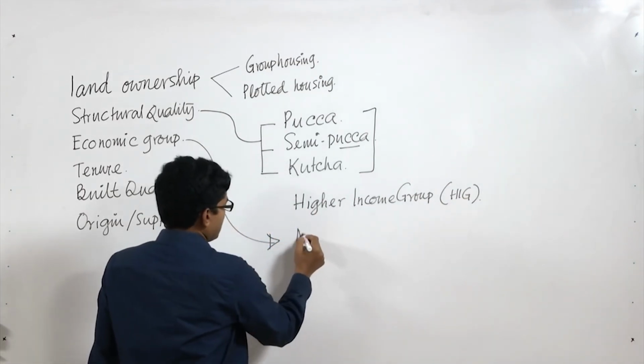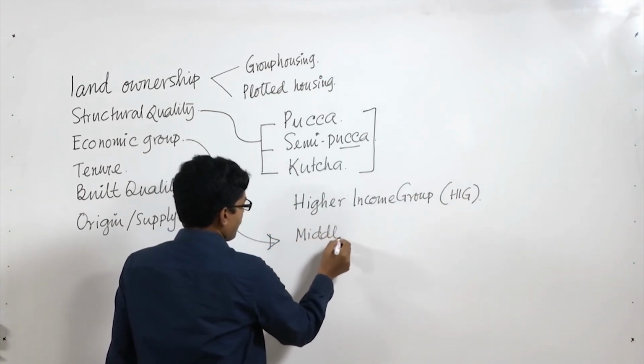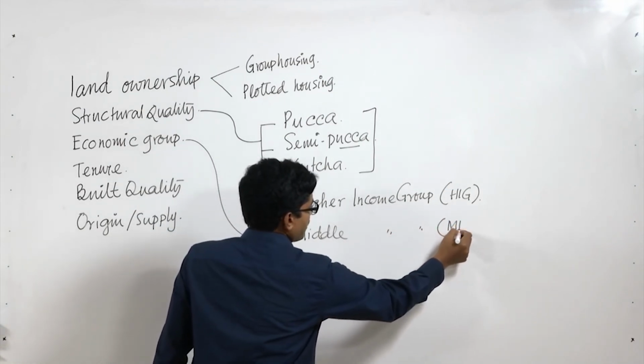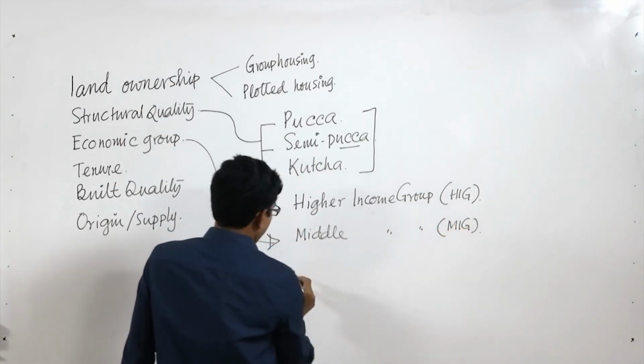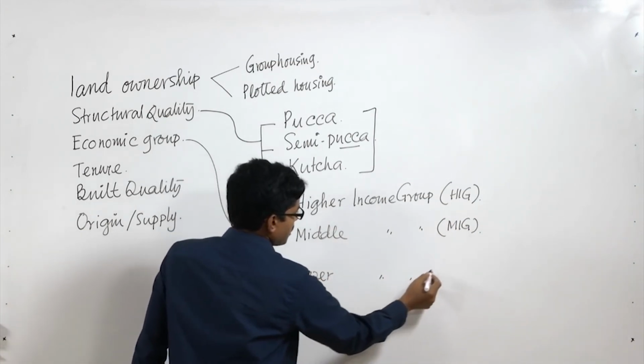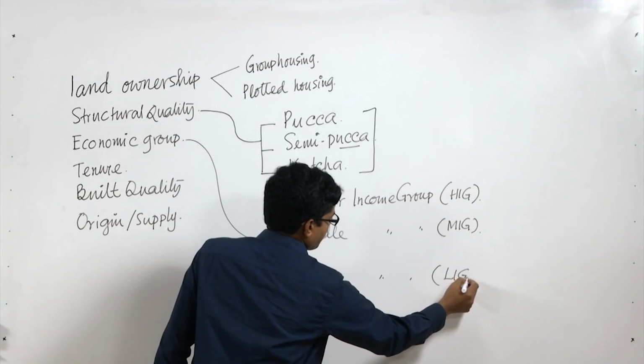Similarly, there is middle income group, in short MIG, and lower income group, in short LIG.